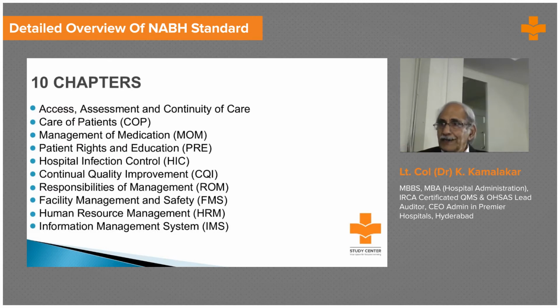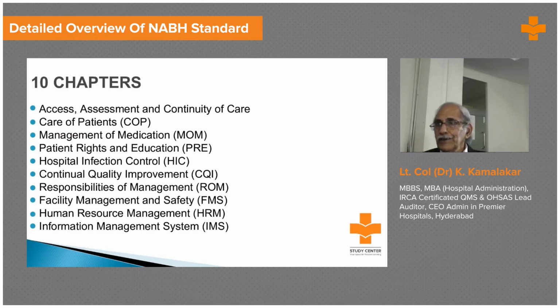And what is privileging is, according to the qualification and experience of these people, you will have to give them their job responsibilities. Suppose you have taken a urologist who has specialized, it is a super specialty, he is specialized in tackling the problems of the genital urinary system.